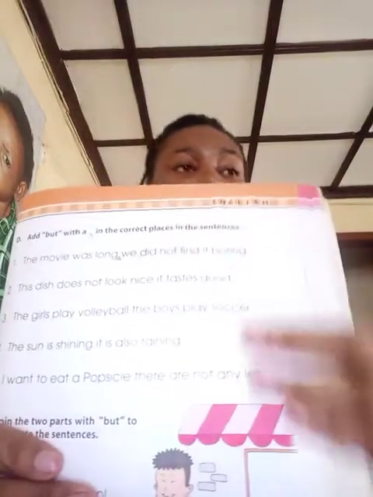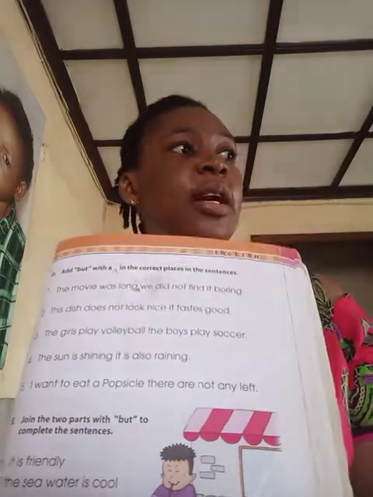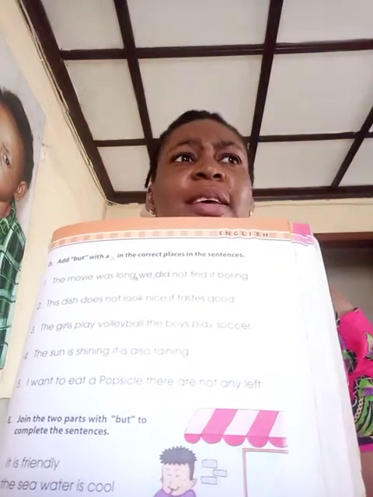So for example, the bag is strong. All right, does that make sense? The bag is strong. It cannot carry all the goods.